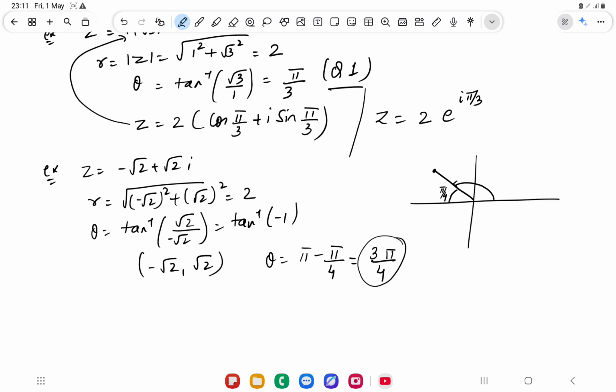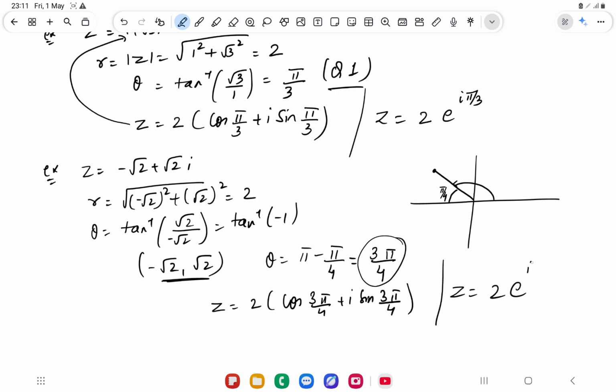So you have to be very careful where these points lie. So I can write my complex number now as 2 cos 3 pi by 4 plus i sin 3 pi by 4. And if you want to write it in Euler form, that will be 2 e to the power i 3 pi by 4.